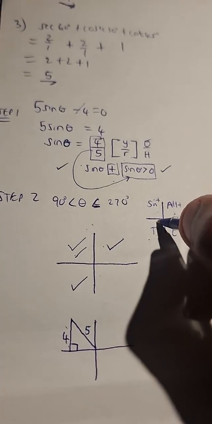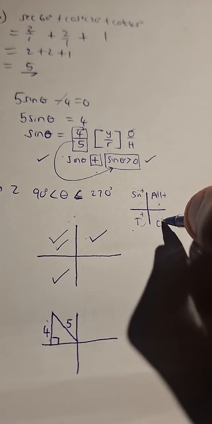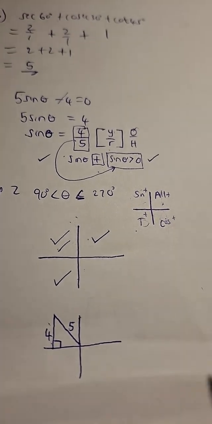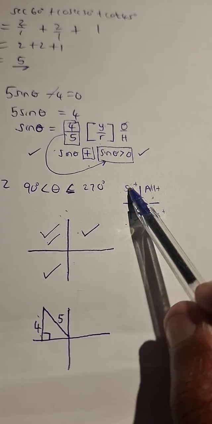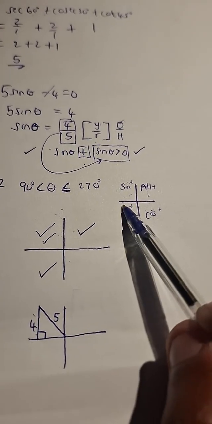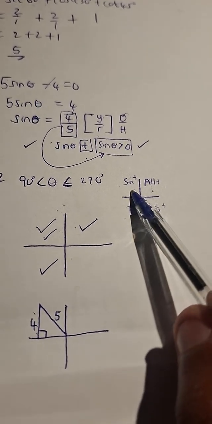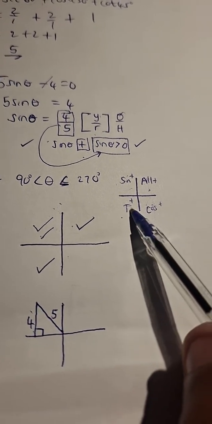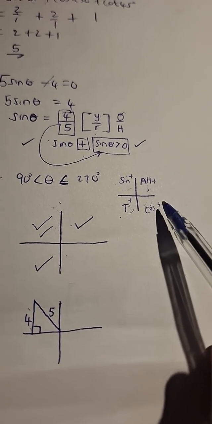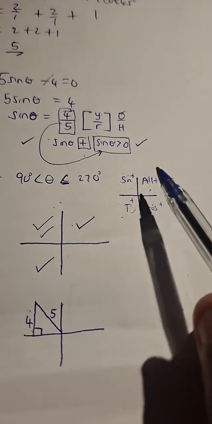Tan is the only one that's positive with its reciprocal in quadrant 3. Cos here is the only one that's positive with its reciprocal. Meaning all other trig ratios, cos and tan in this quadrant are negative. Sine and cos are negative in this quadrant. Tan and sine are negative in this quadrant. But in this quadrant, all trig ratios are positive.